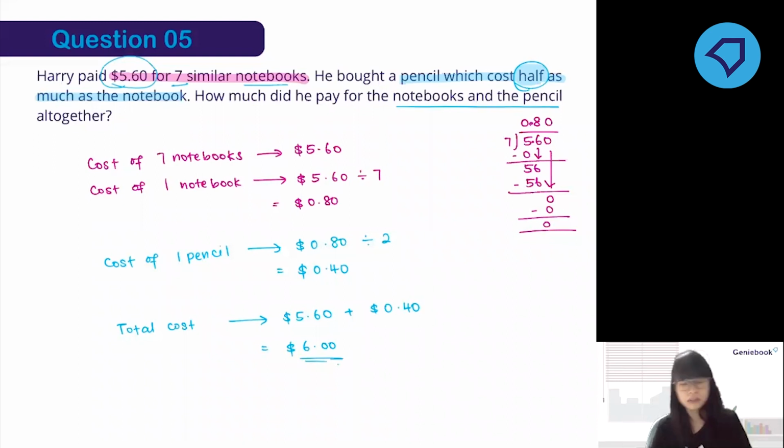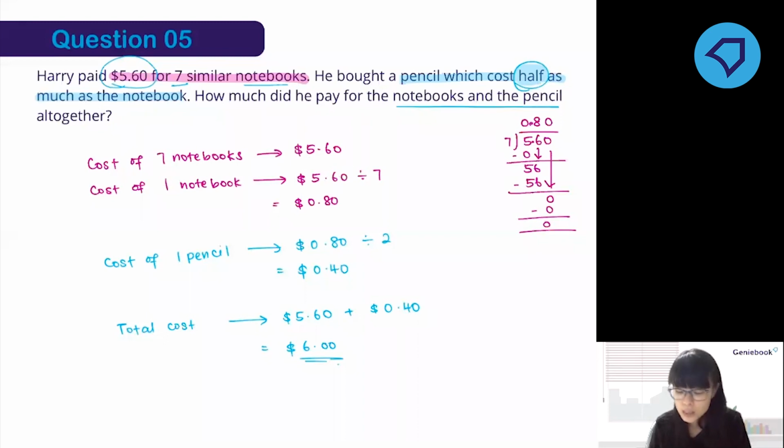How come total got $39.60? If you get $39.60, I think you multiplied $5.60 by 7. Now, he paid $5.60 for 7 notebooks. One more time, okay, Megan. $5.60 for 7 notebooks would mean 7 notebooks cost $5.60.